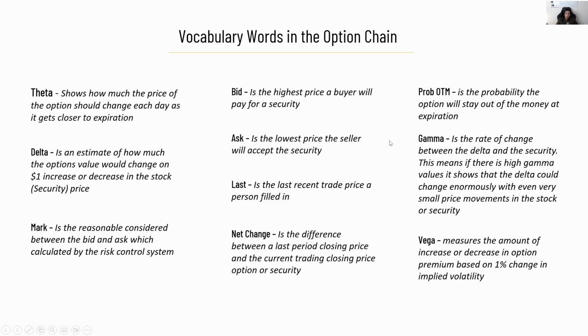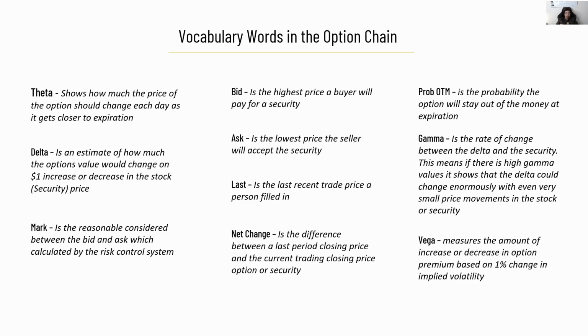Now, Vega. All of these are sort of Greek words. Greek words were established for these sort of values within options. Vega measures the amount of increase or decrease in an option's premium based on a 1% change in the implied volatility. So what does that mean?